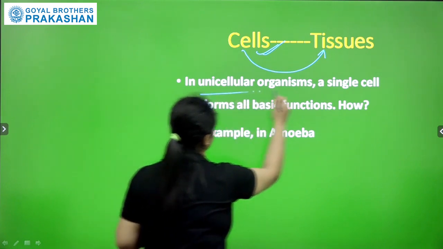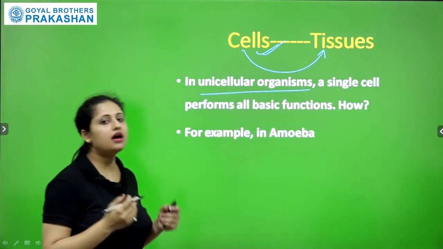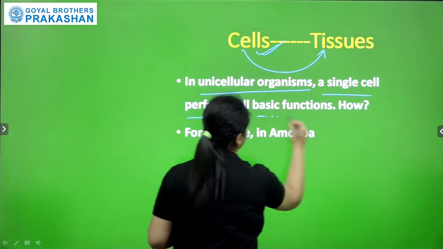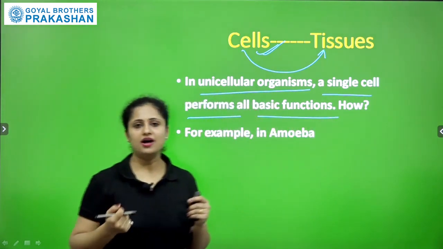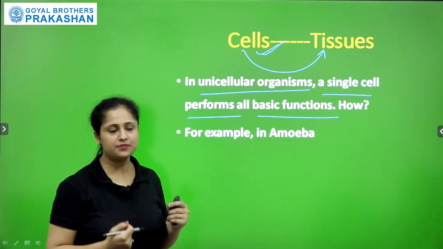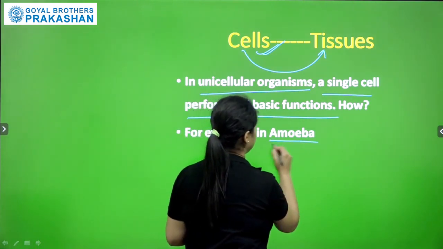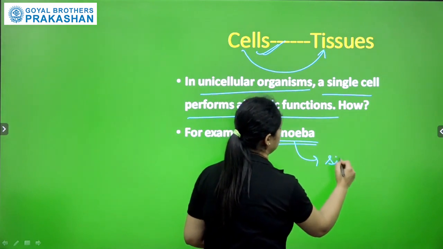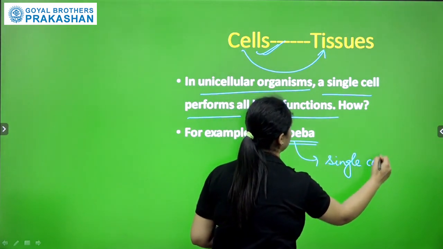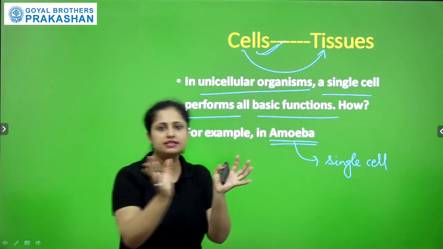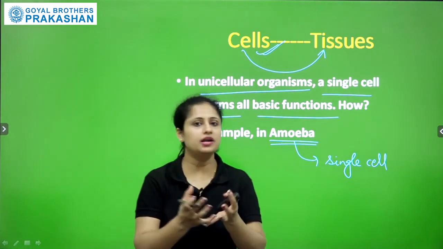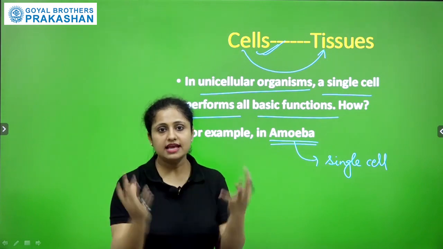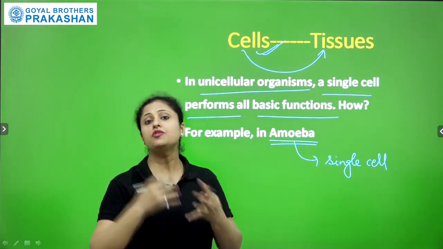In unicellular organisms, for example, amoeba, a single cell performs all basic functions. How is it possible in them? For example, amoeba is made up of a single cell, or we can say that a single cell is a complete body. In the body of amoeba, the cells do not aggregate to form tissues.